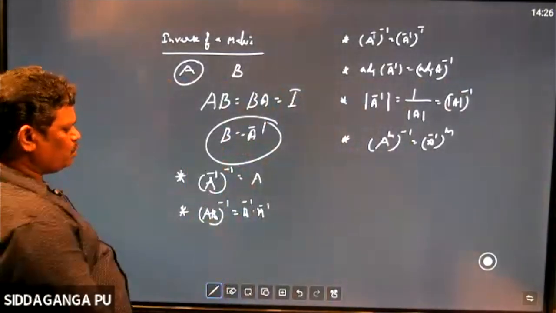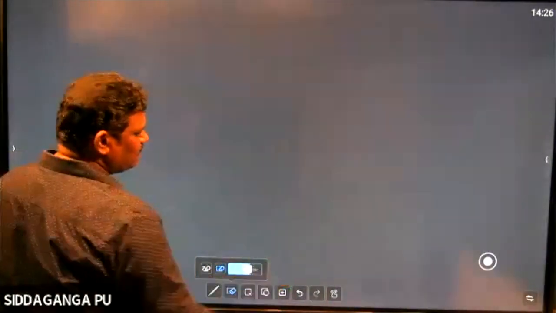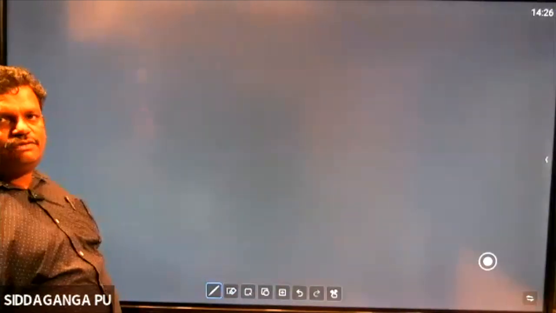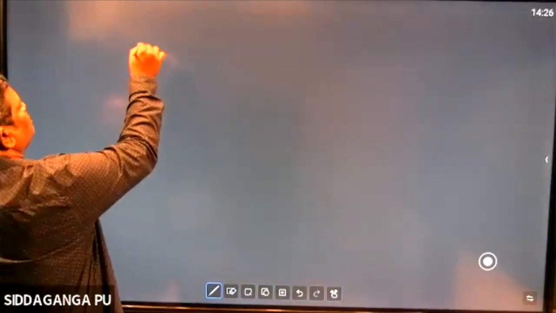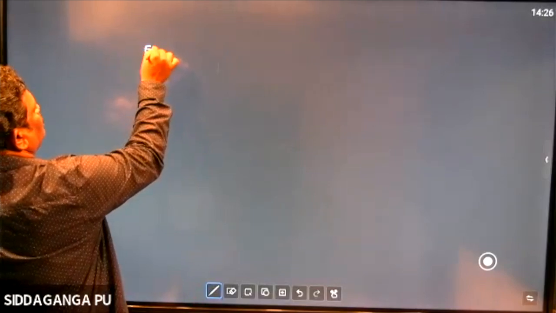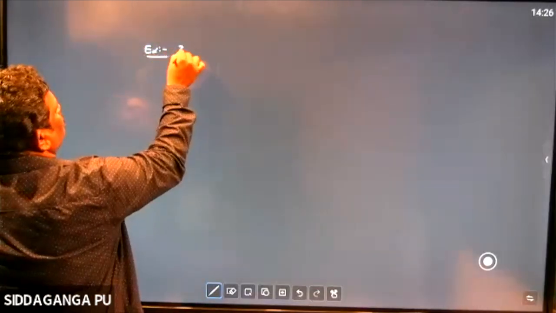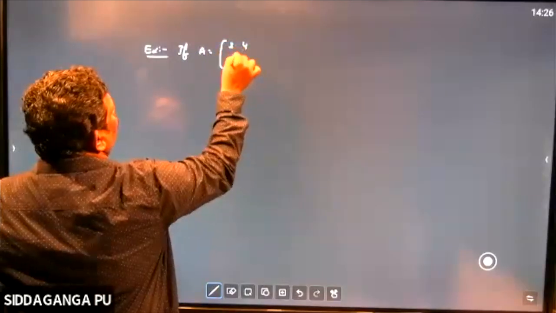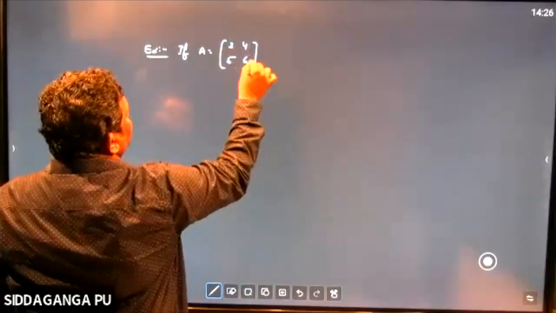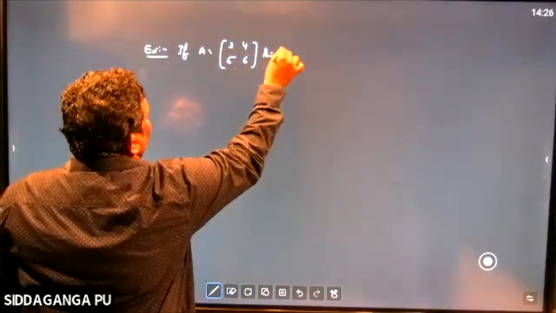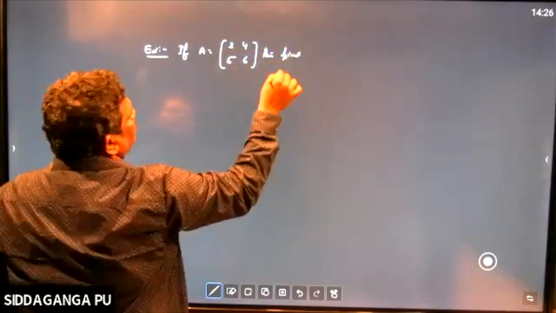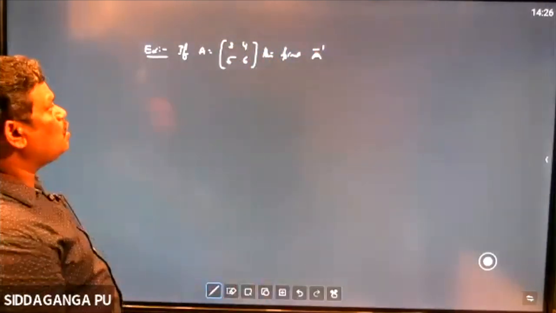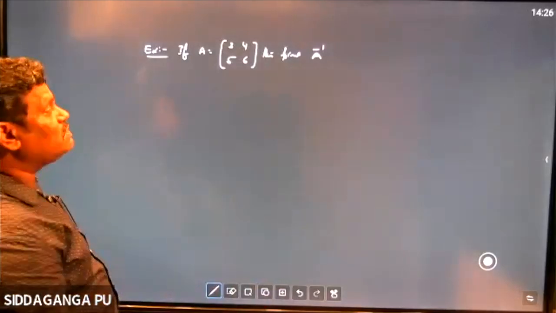Then, important questions for the case set are given. We can find out the inverse of 2 by 2 matrices and 3 by 3 matrices. How to calculate that inverse? For example, we can choose one question. If A is equal to [3, 4; 5, 6], then find A inverse and calculate it. There is one property here, the A inverse formula I forgot.